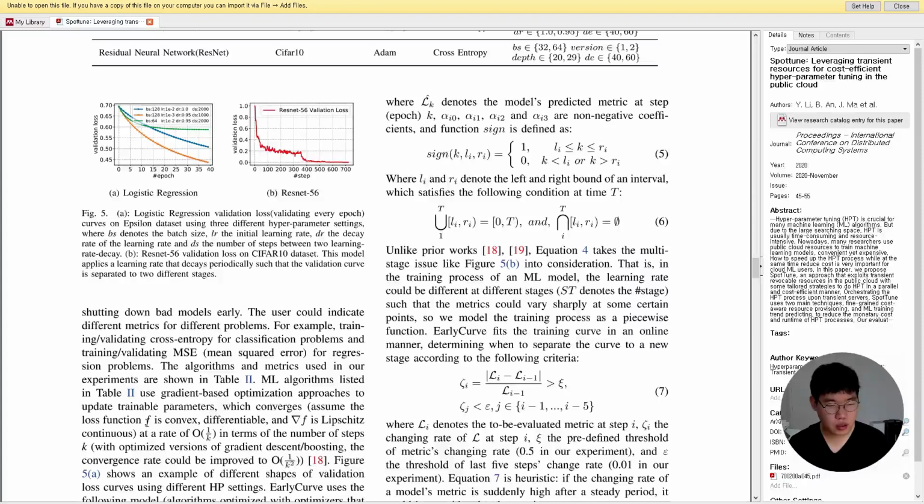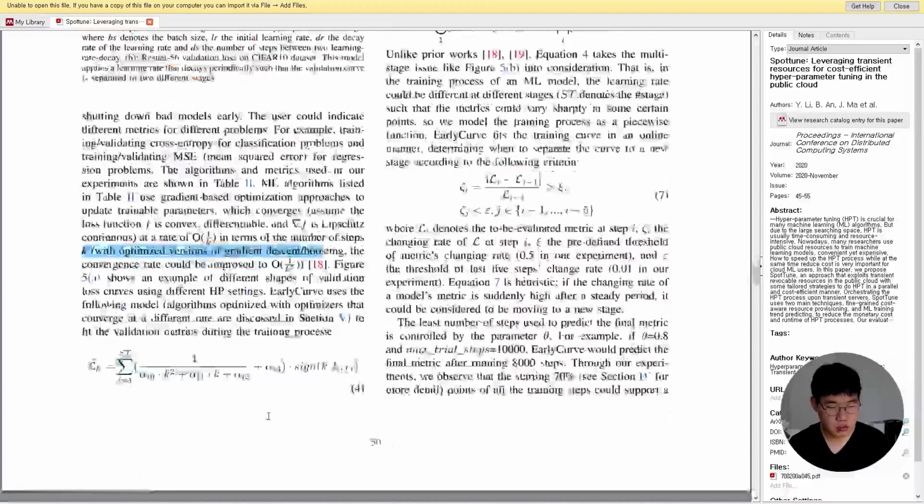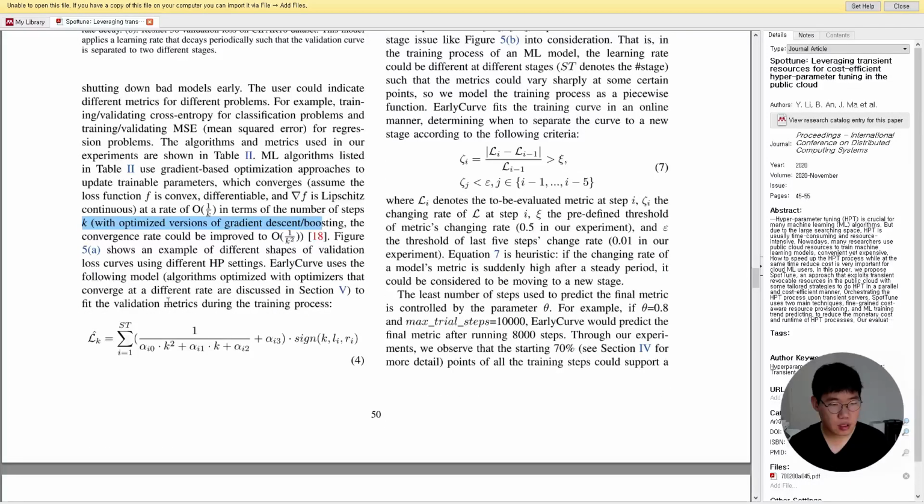Assume the loss function f is convex, differentiable, and the gradient of f is Lipschitz continuous, the convergence rate is of order 1 over k in terms of the number of steps k. With an optimized version of gradient descent using momentum, the convergence rate could be improved to order 1 over k squared.